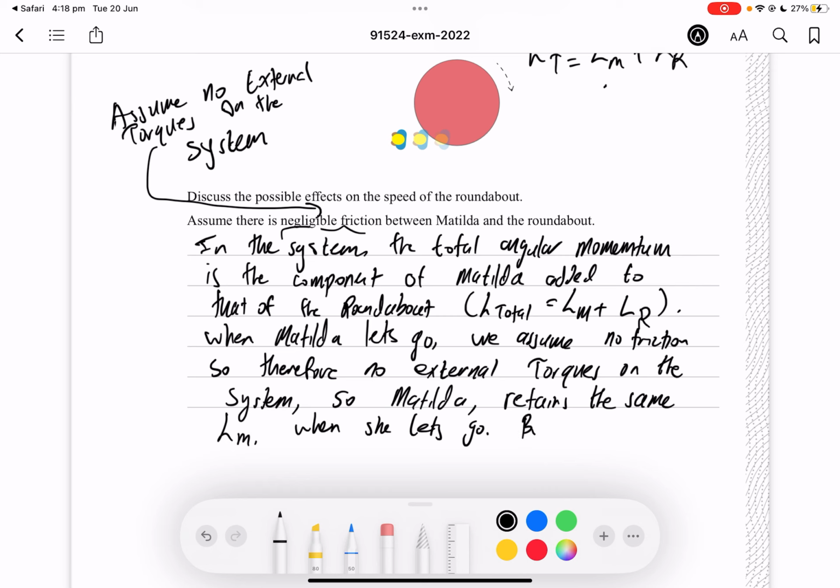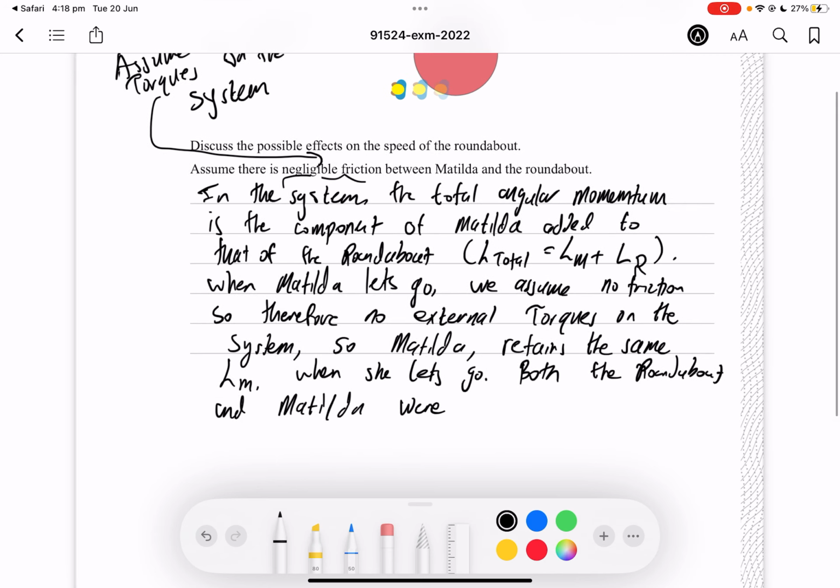So therefore, both the roundabout and Matilda were traveling at a common angular velocity.